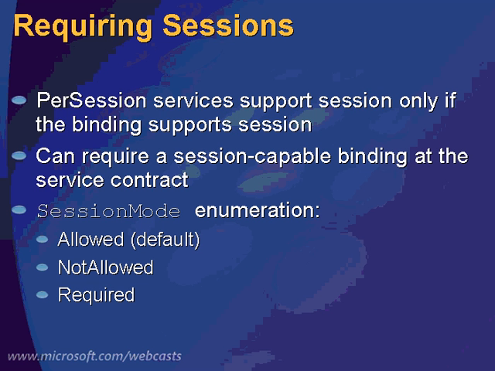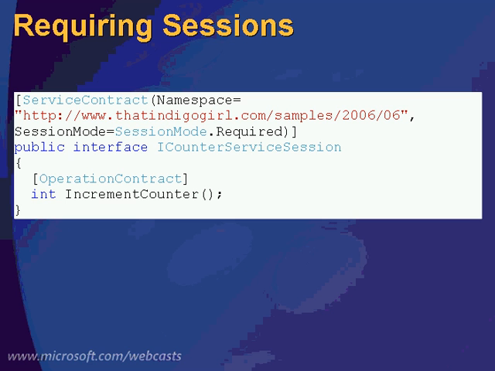And so it doesn't say anything about whether we need a session. And since an application that's built for sessions probably is expecting one, it's good practice to require sessions on the contract. How we do that is we set the session mode on the contract, which can be set to allowed, not allowed, or required, and the default is allowed, which is why we sometimes get a session and sometimes don't.